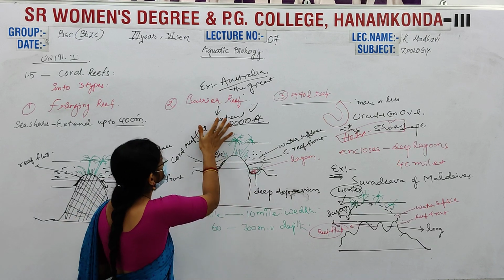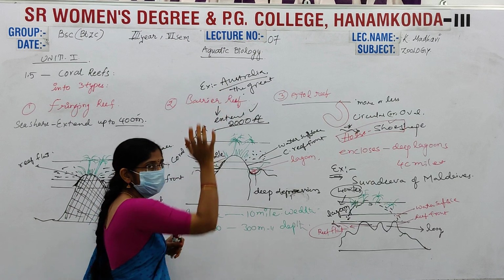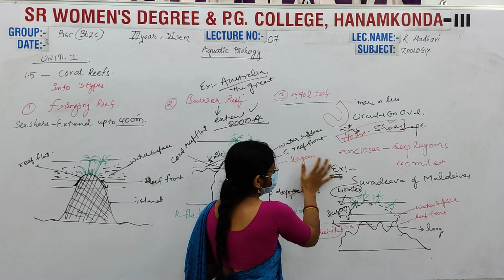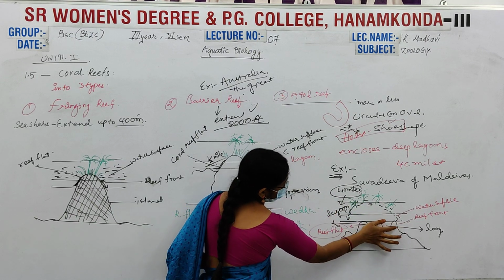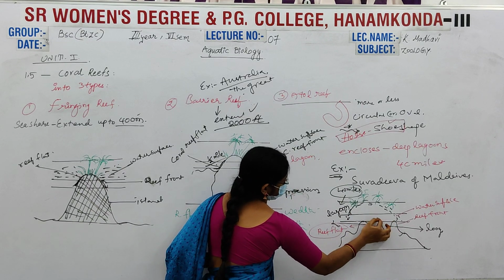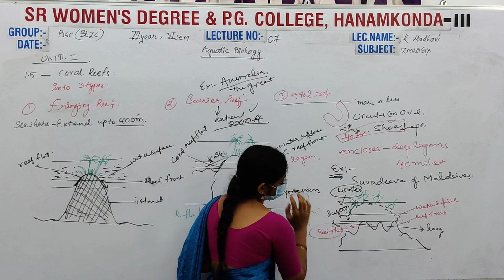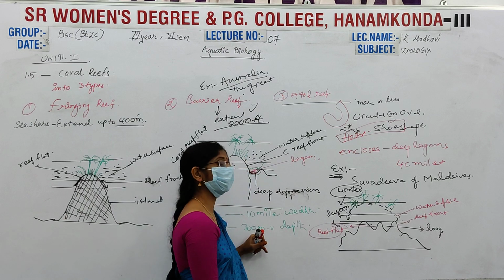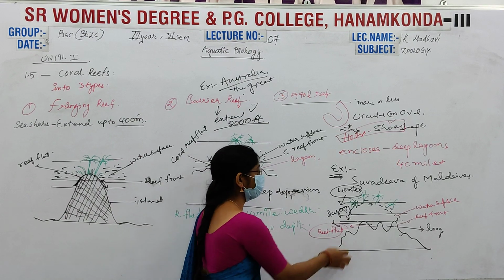And next, the best example of a barrier reef is the Great Barrier Reef in Australia. And the next one, atoll reef. In this atoll reef you observe in the picture the semicircular or shoe-shaped structure of coral reefs. These are highland areas. A shoe shape or semicircular or irregular shapes of coral reefs are formed here.